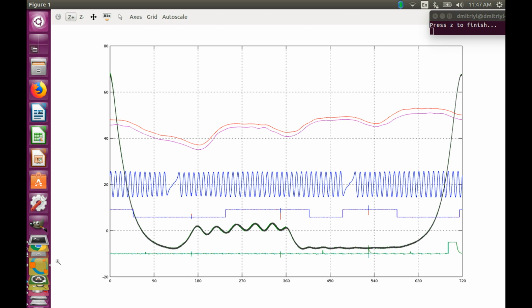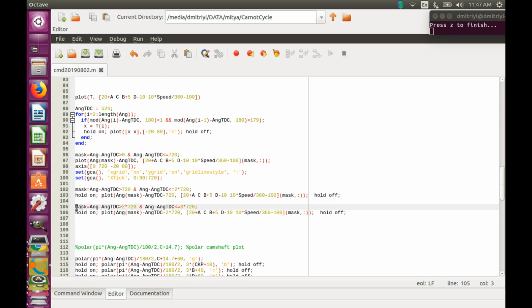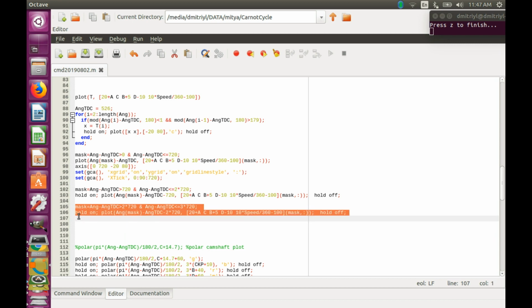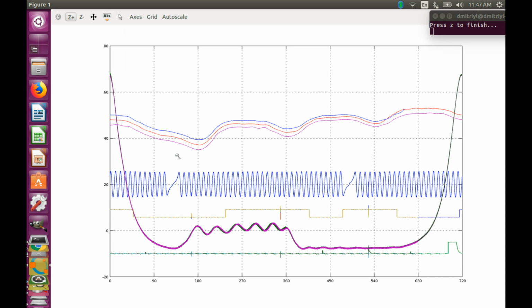If we go ahead and add another revolution, we will only confirm our hypothesis that everything that's happening in the engine is pretty much repeatable. The speed does change a little bit, which is no big deal.